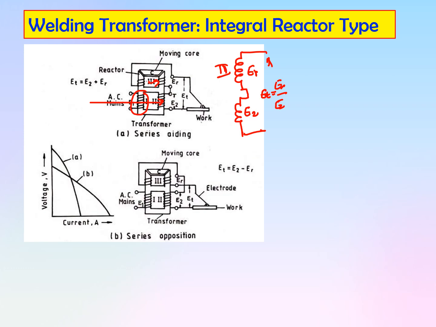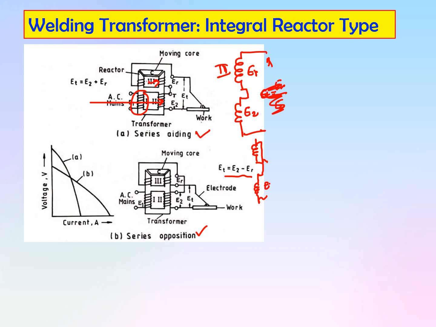Whereas in this case, the winding 3 and winding 2 are connected such that they will produce the output ET equal to E2 minus ER. That is, it is in series opposition, or it is a differential output, and the other is the additional output.